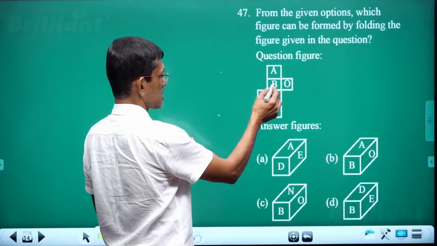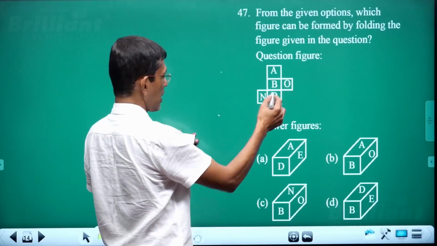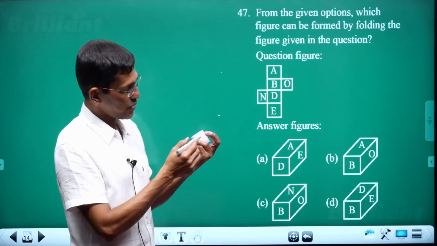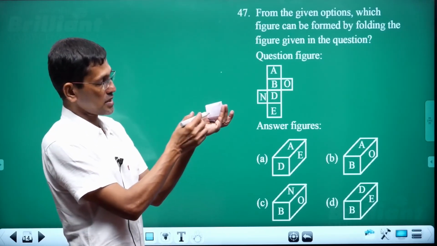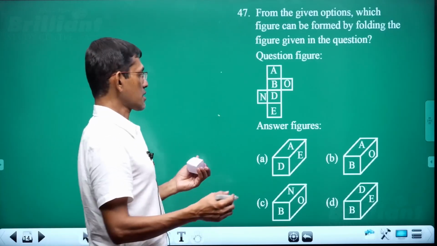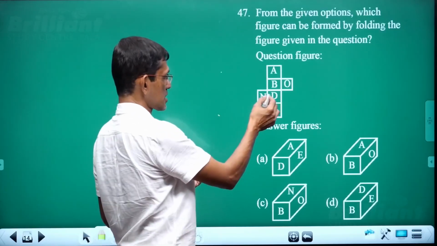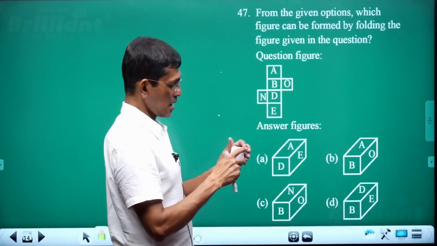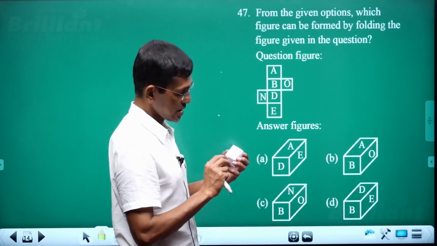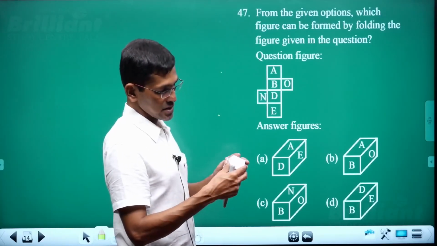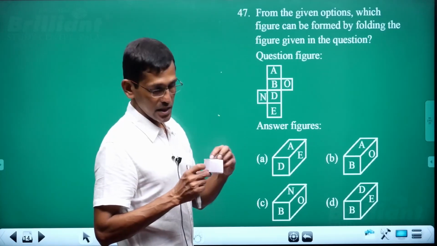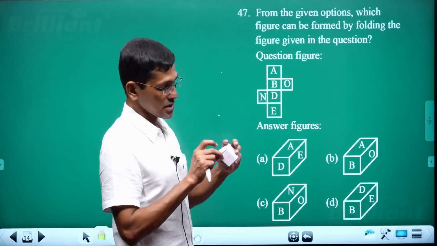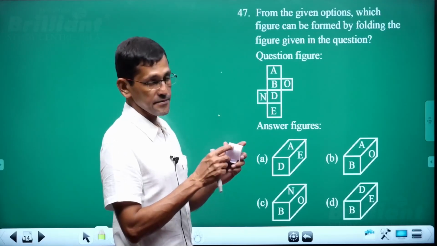And look at B. B is adjacent to O and D. And D is adjacent to N and E. And where is that D? You can find it here. D is adjacent to N. So N is here, D is here. And D is adjacent to E, so right here.